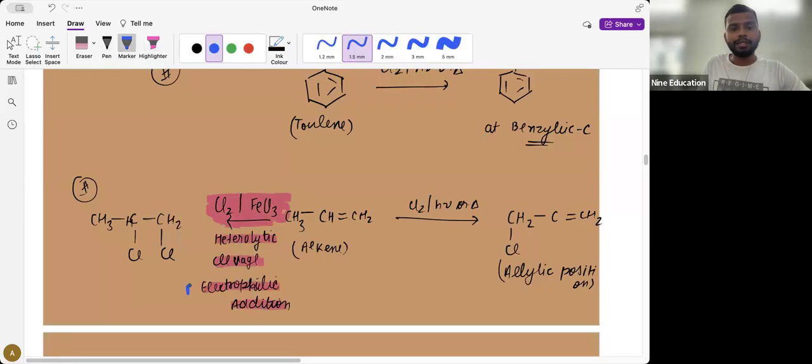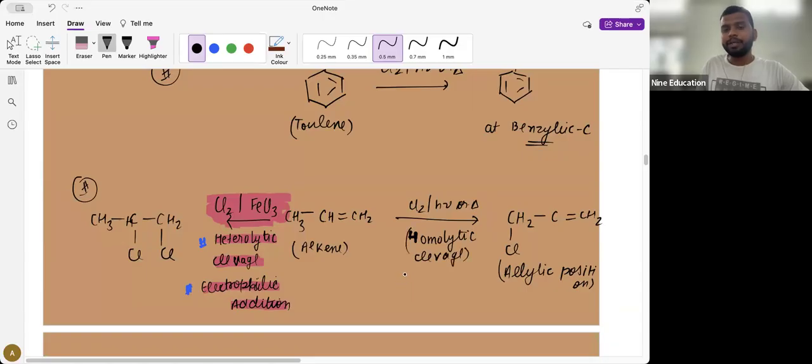And if I have Cl2 with H nu, homolytic cleavage happens and we have a free radical mechanism. So always remember, when you use heat or light in the reaction, you will have homolytic cleavage and a free radical mechanism.